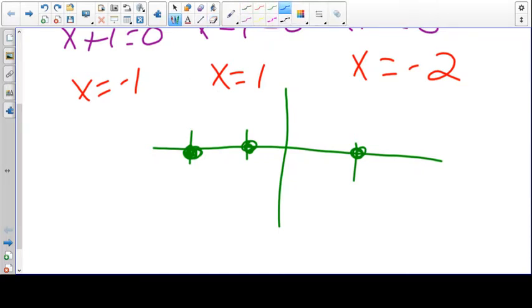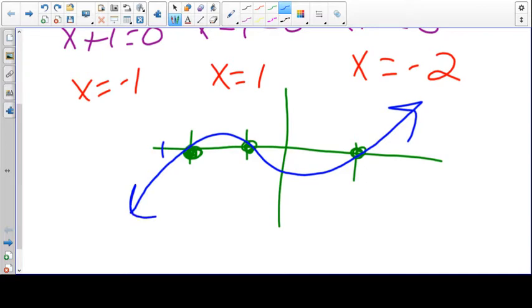So my graph is going to be coming from the negative side. -8 is down here in the y's. We found the y value when x was -3. So logically, we're increasing our graph from left to right.